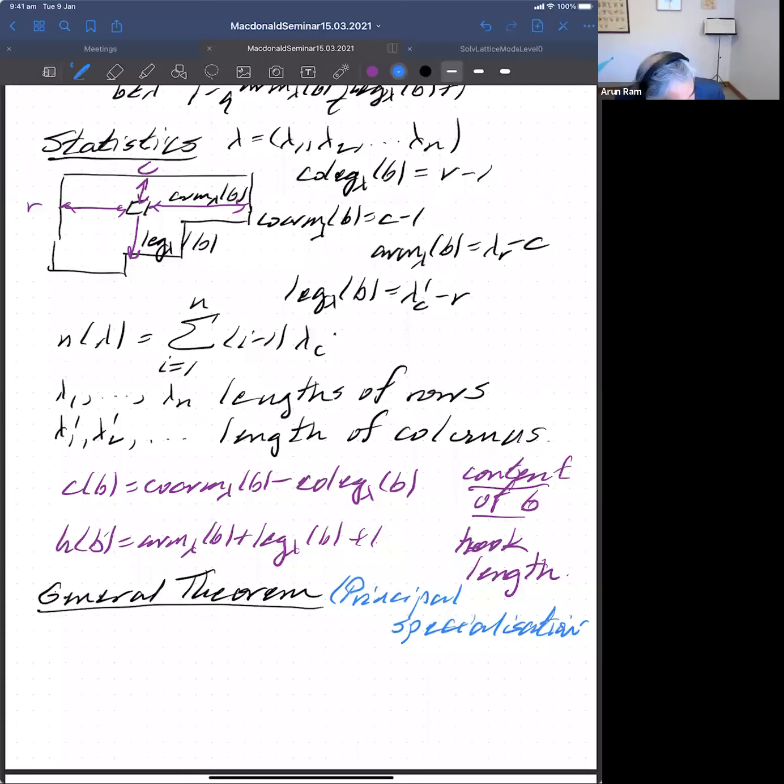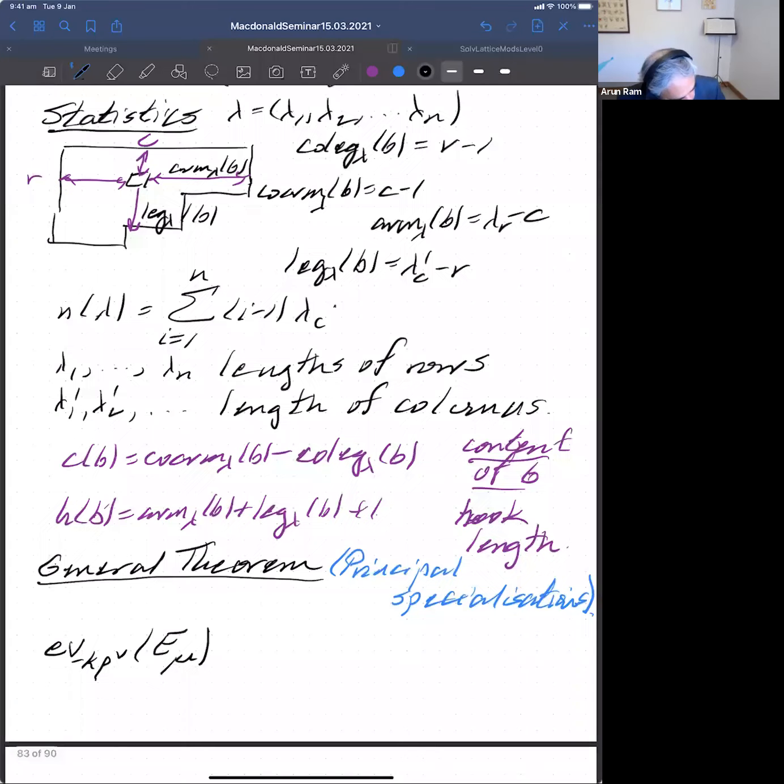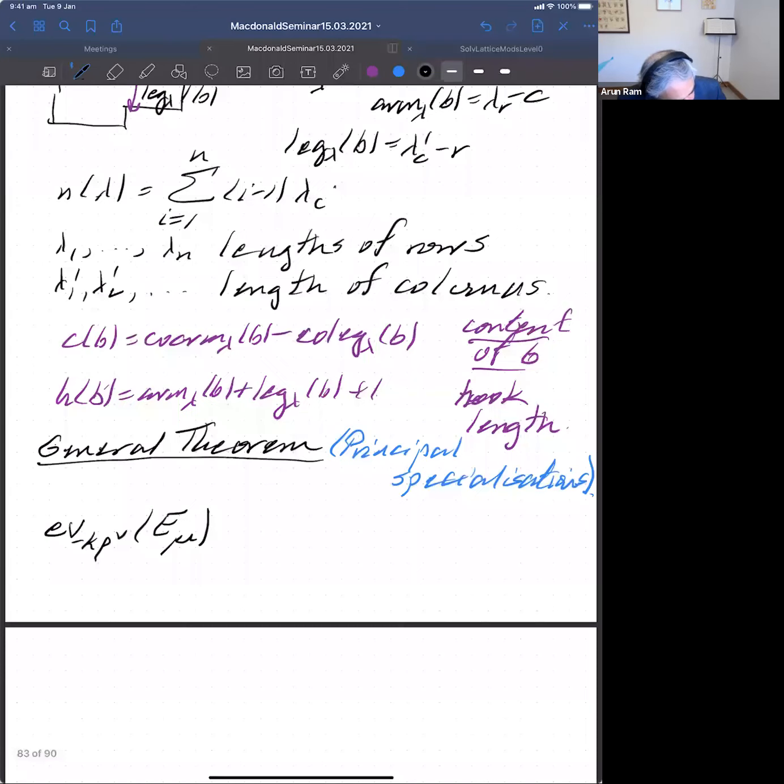So the first part of the theorem says that if I want to take the principal specialization, and I'm going to write in root system notation for a moment, of the non-symmetric Macdonald polynomial. So there are two statements. There is principal specialization of the symmetric Macdonald polynomial, and there is principal specialization of the non-symmetric.